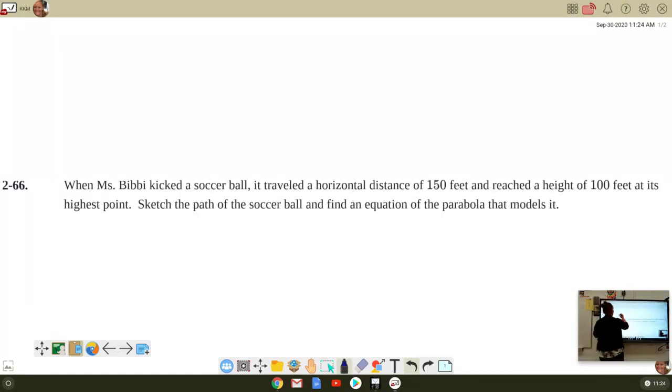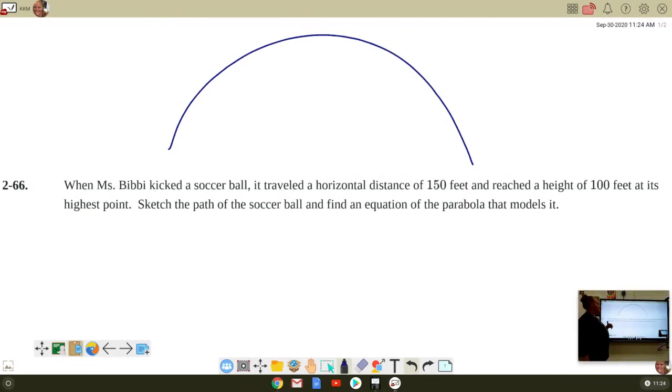Generally speaking, whenever you kick a ball, whether it's a soccer ball or a football or whatever, it makes the path of a parabola, or what we call a parabolic path. Note, this is an upside down parabola. Keep that in mind because that's going to play a part in your final equation. Either way, regardless of whether you start at the origin or elsewhere, this distance is 150 feet across.